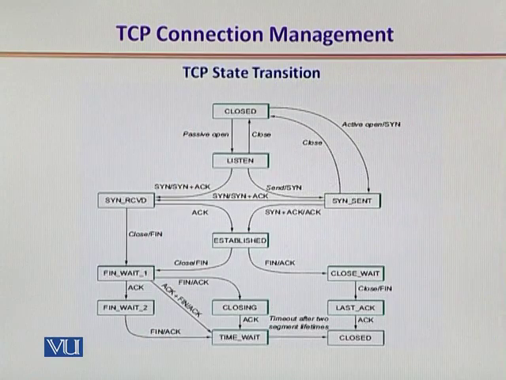The overall state transition diagram for TCP is shown here. Here we see that to transition into different states, TCP client and TCP server go through various stages, and each stage necessitates the transmission and reception of connection control messages.